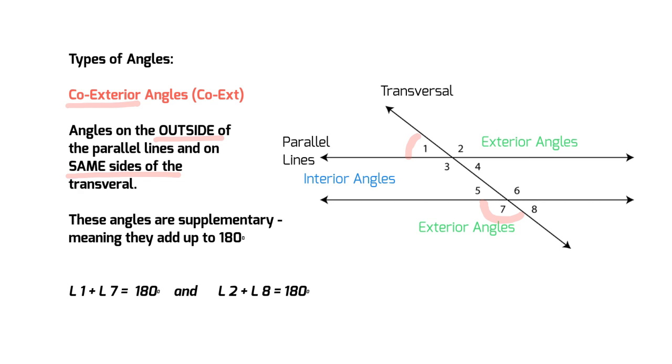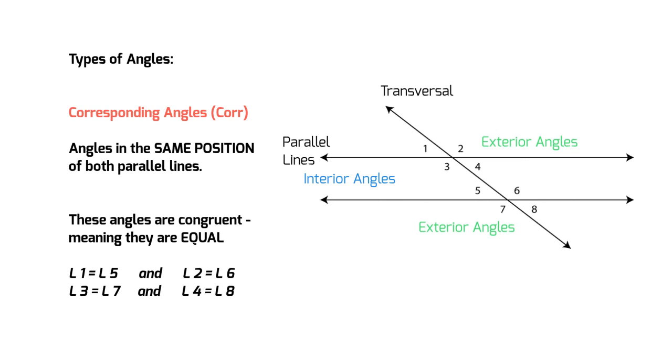When I put them together, they're going to be supplementary angles. That means angle 1 plus angle 7 is 180 degrees. Same with the other side. If I look at the right side of the transversal, angle 2 and angle 8, they are not the same angle, but if I put them together, they will give me 180 degrees. So they are supplementary.